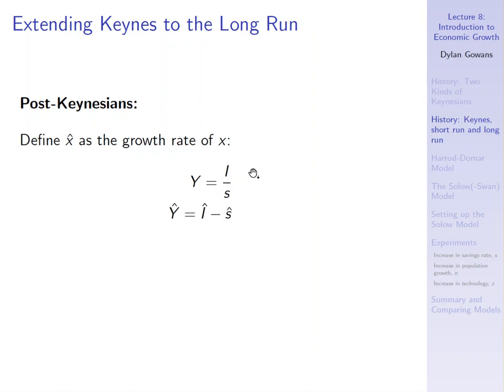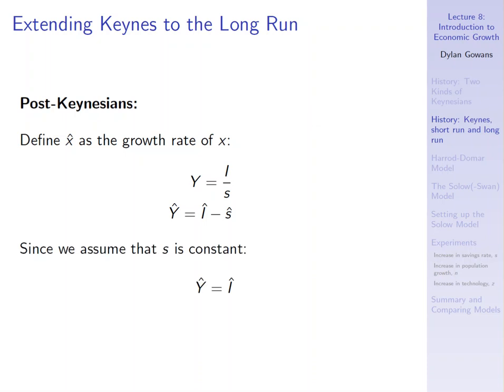Well, then the growth rate of Y is a simple thing. I'll actually apply this later in the lecture as well. Whenever you have a product or a quotient, the growth rate is determined simply. In this case, because we have division, the growth rate of Y is just going to be equal to the growth rate of I minus the growth rate of s. It's just an identity about growth rates.